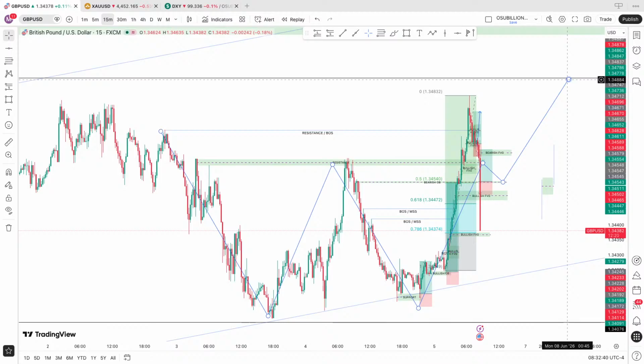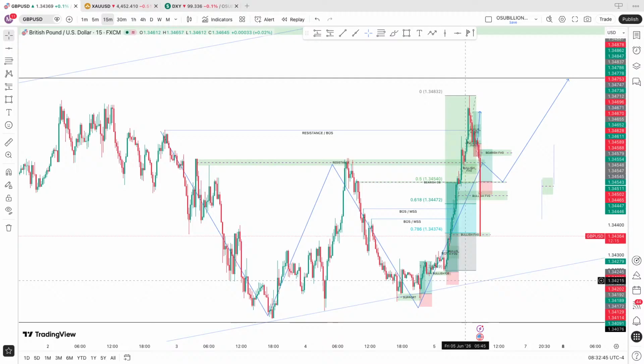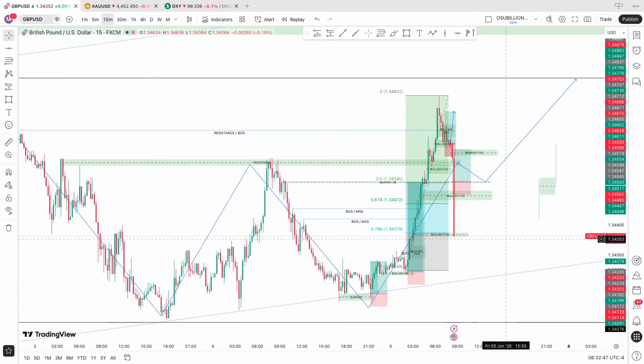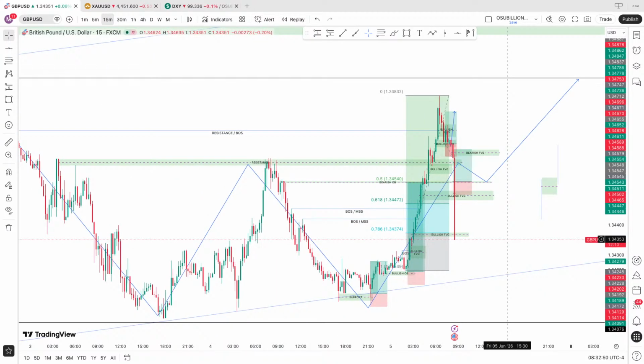So this is where we are now. The NFP is strong. This is how the market can actually be when it has a lot of volatility in there based on news.